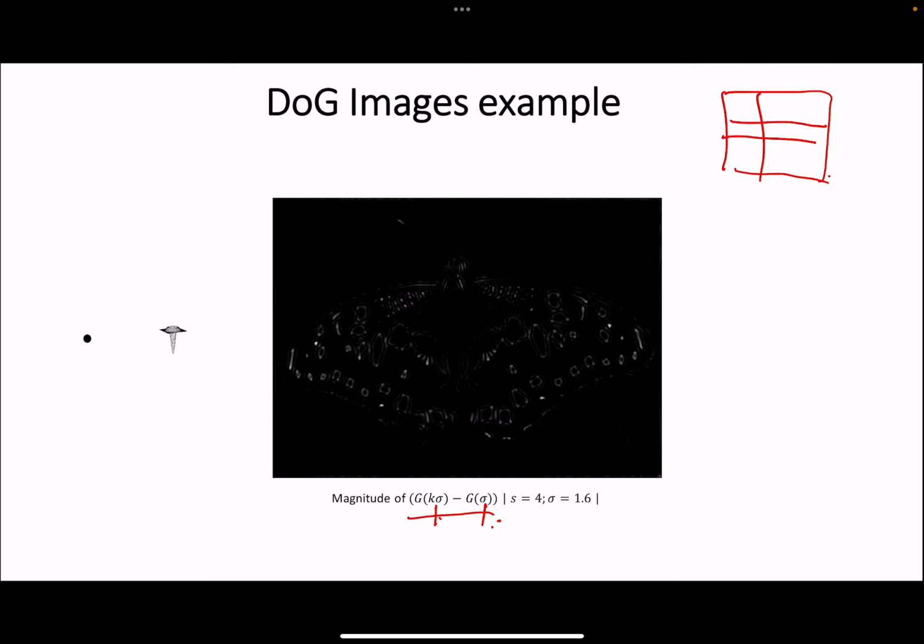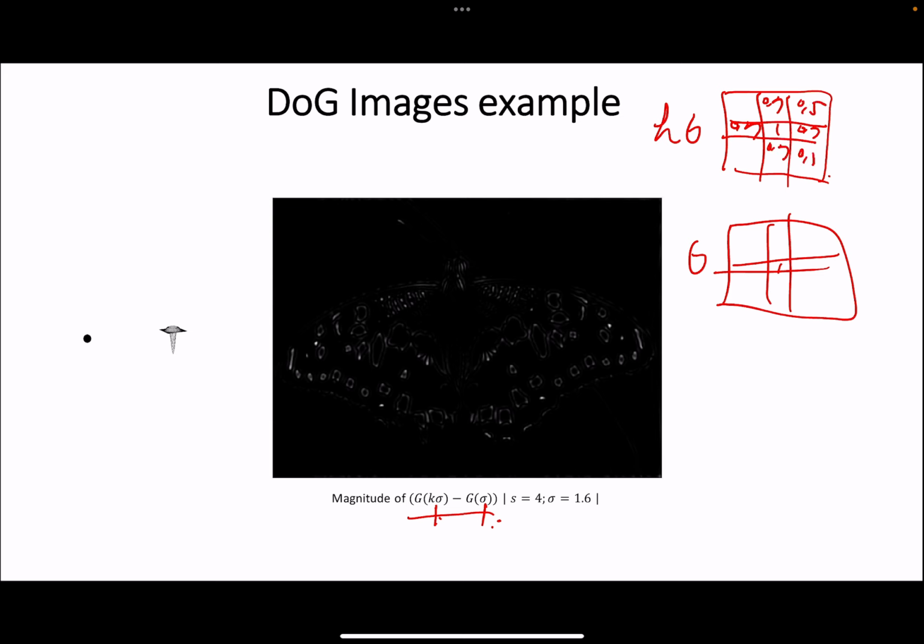Let's take an example of a 3x3 Gaussian filter, with K sigma and sigma. The kernel for K sigma might have values like 1, 0.7, 0.7, 0.7, 0.5, while the kernel for sigma might have values like 0.5, 0.5, and 0.3.